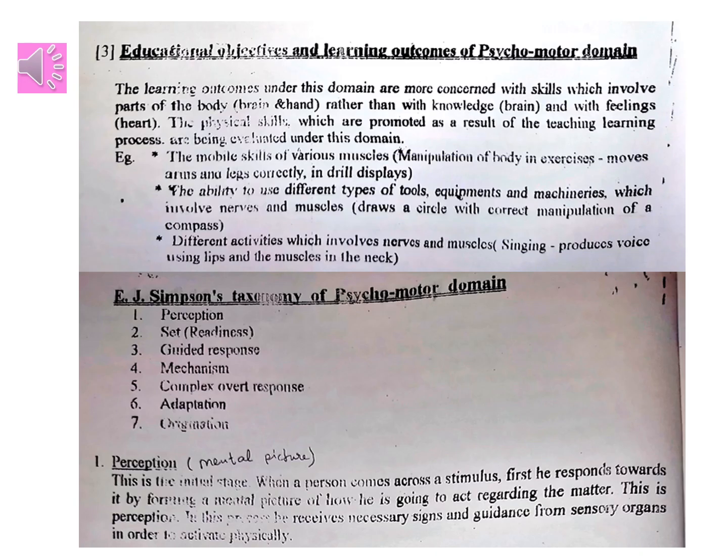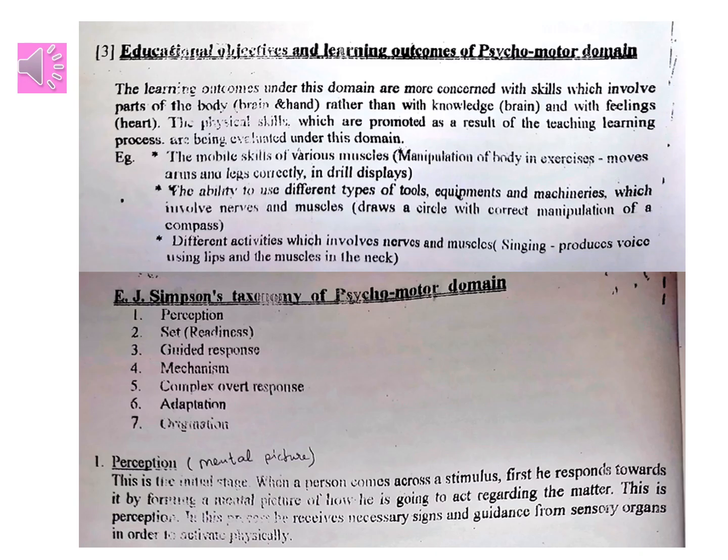If you want to master the skill of playing a piano, then you will have to follow these 7 steps. At the end, you will have the ability to play the piano. Who says this? E.J. Simpson, right?